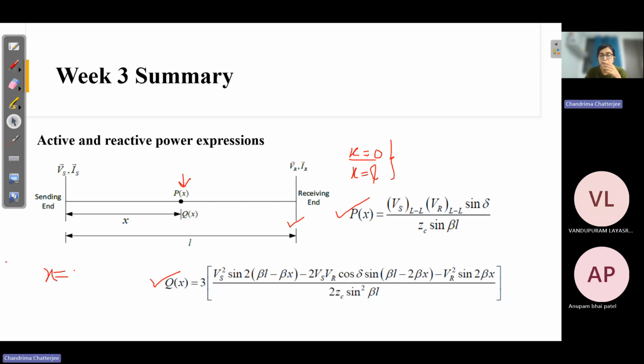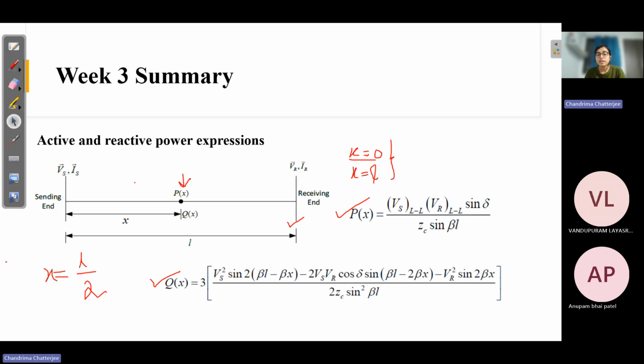No, you should get the correct one. See, first of all, if the total line length is L, and you put x equal to L by 2, then you will get Qx equal to 0 definitely.